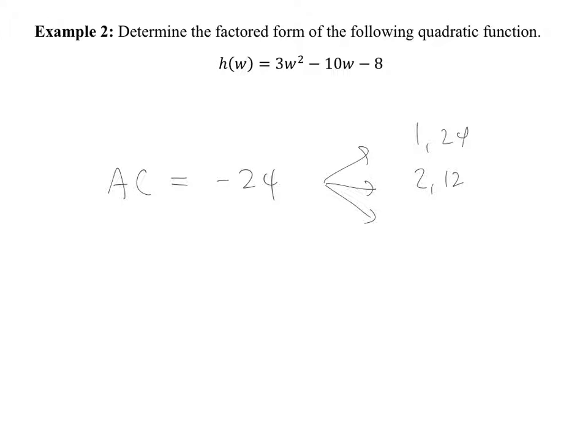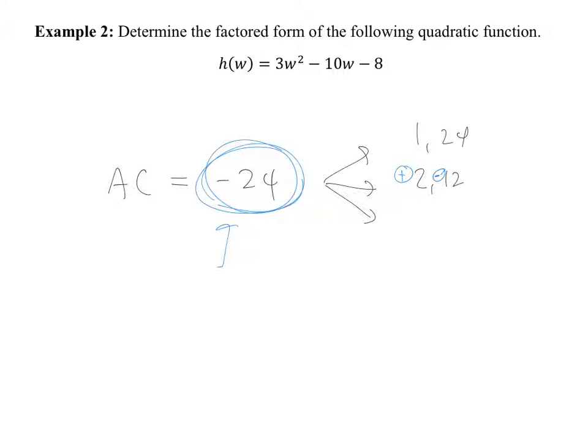I shouldn't. Why should I stop here, Annette? Because negative 12 and positive 2 add up to negative 10. Yeah, make this negative. Make 6 and 4. That's why. But 6 and 4 both got to be positive to get 10, right? Or both negative to get negative 10. And 6 and 4, to give you this, have to be opposite signs, don't they? So the way 6 and 4 works is if they're both positive or both negative, they multiply to give you a positive, and we have a negative.